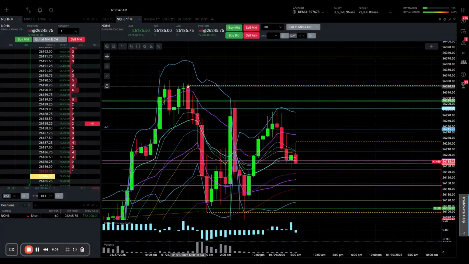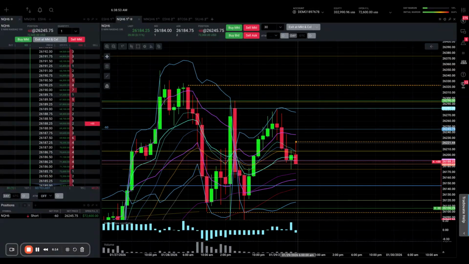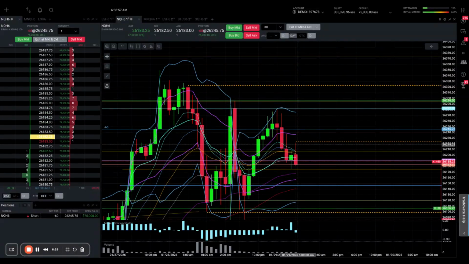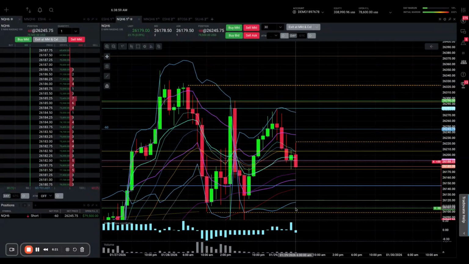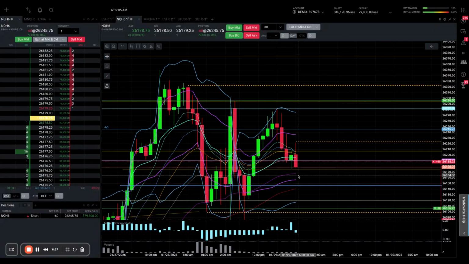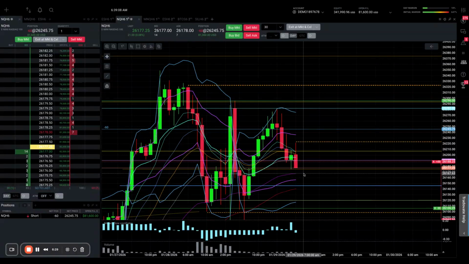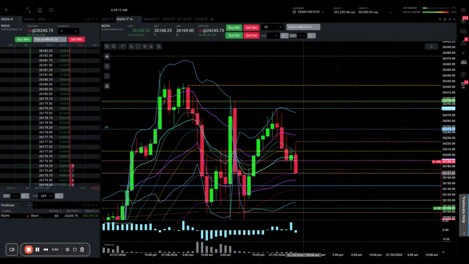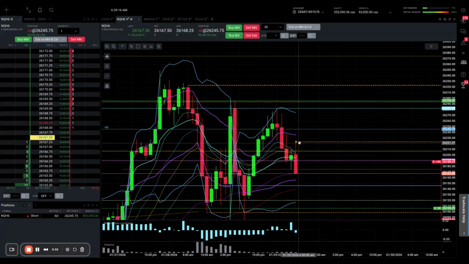So what happens? We come all the way down, and that's what it's looking like it's doing right now. For the 6 o'clock, it's looking potentially like we're going to come all the way down to here. Could we stop here and reverse and come up? We still have 20 more minutes. Potentially, we could. But we typically go far away from this area, guys.